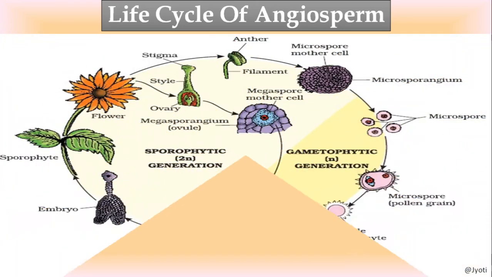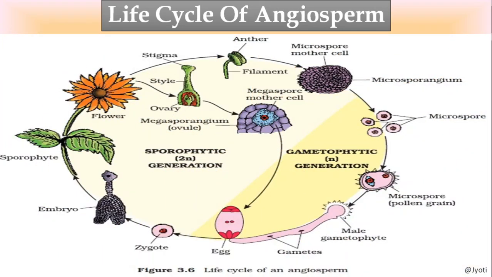Now in more detail, we'll study the life cycle of angiosperm. If you have understood the structure of the male and female reproductive systems, how the gametes are produced, and pollen-pistil interaction, then the life cycle of angiosperm will be very clear to you. This is the reproductive part of an angiosperm, that is, the flower.